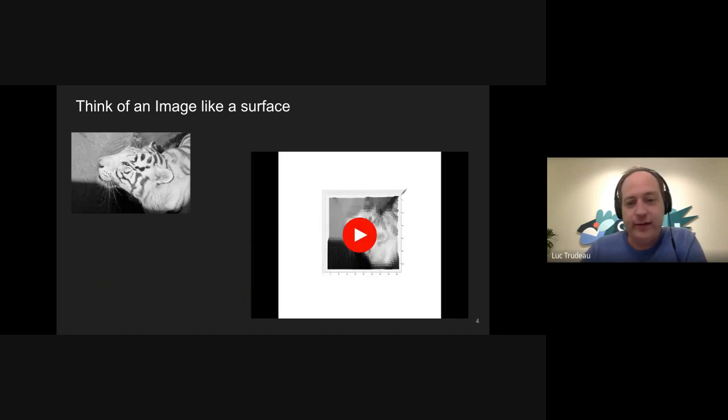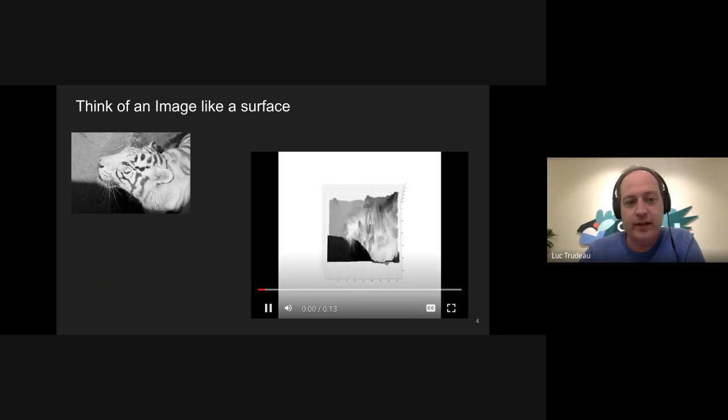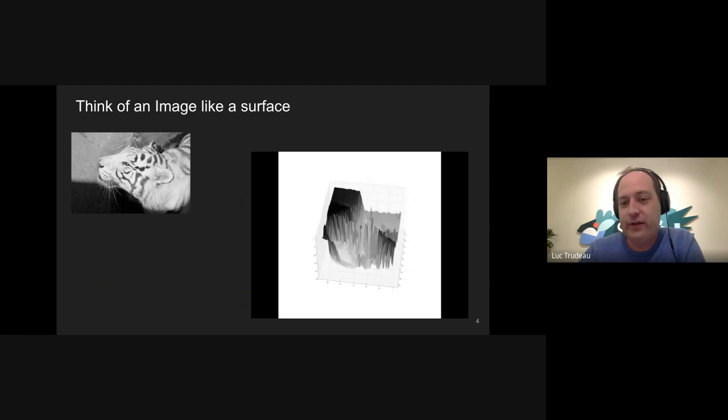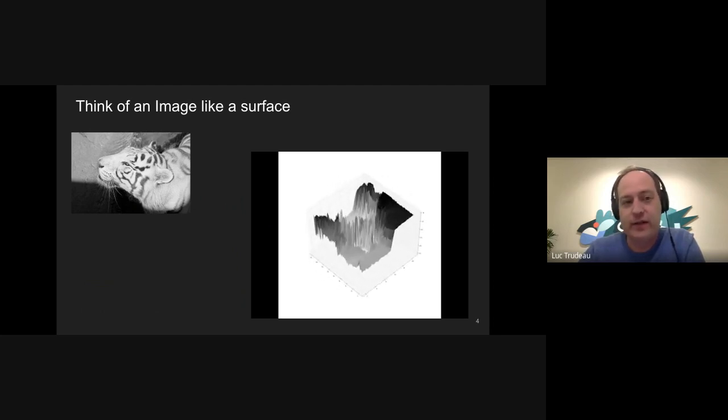So, the video, let's hope it works. I would like you to think of an image tonight as a surface, a 2D surface in 3D. So something like that, right? Imagine that all the pixel values are the height of different points along a surface. You can think of this image of the tiger here as this representation.